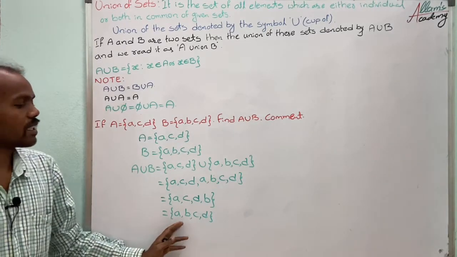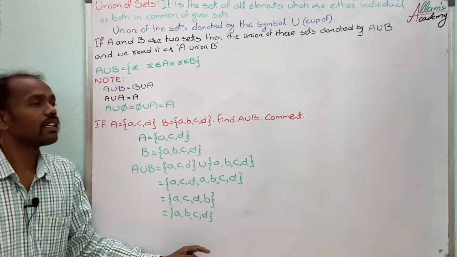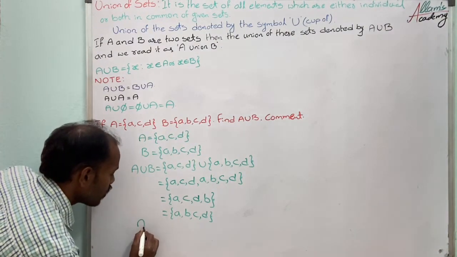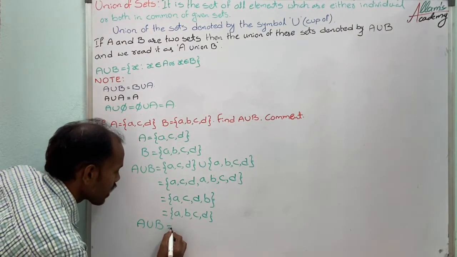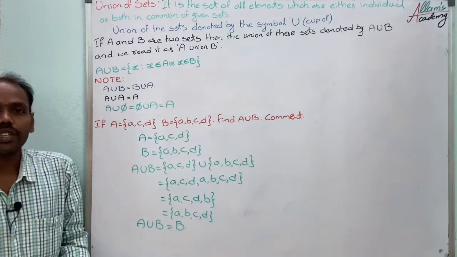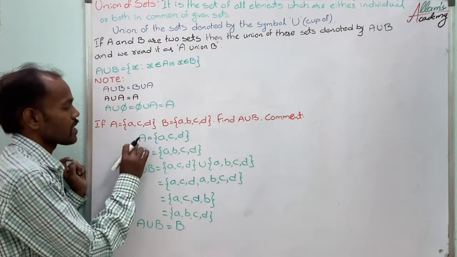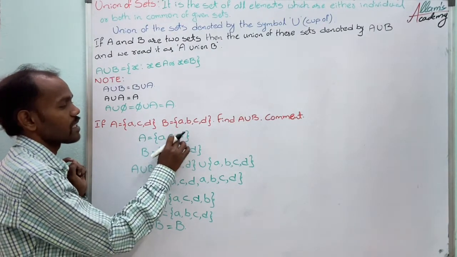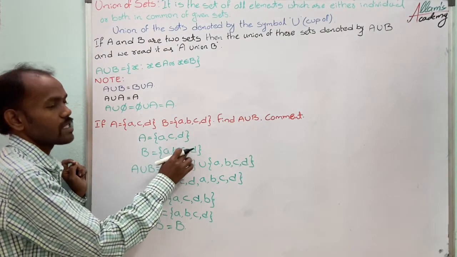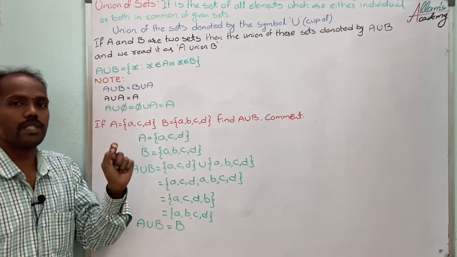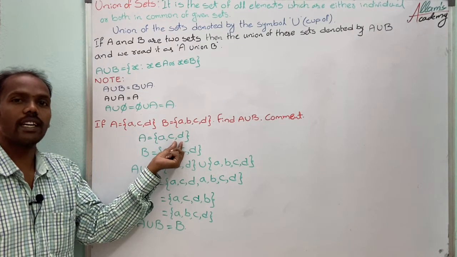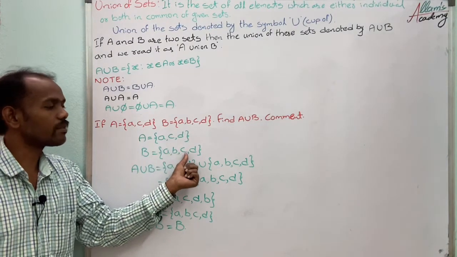Now the elements A, B, C, D are contained in which set? That is nothing but the given set B. So A union B, the answer, is nothing but the second set B. Now if we observe the question, the set A contains the elements A, C, D, and the second set B contains the elements A, B, C, D. Here all the elements of the first set A, that is A, C, D, are present in the second set.